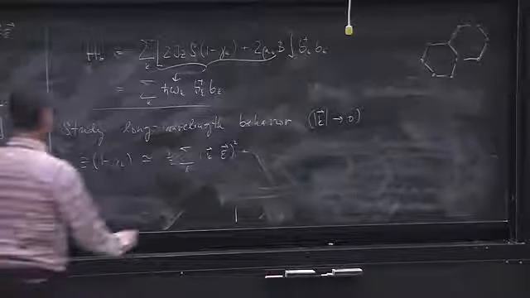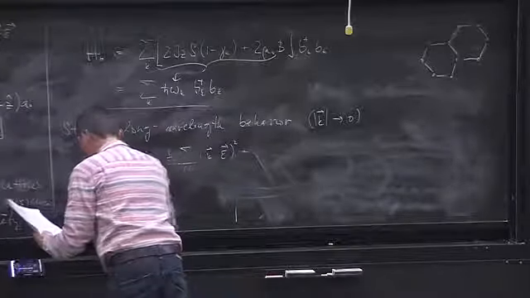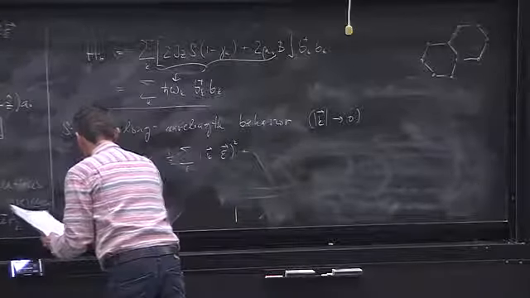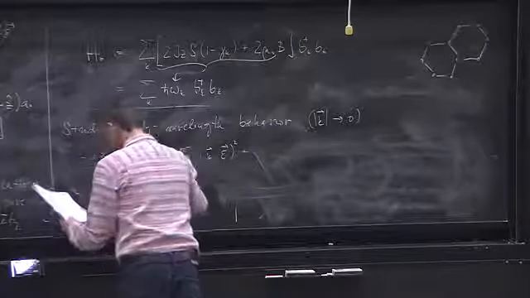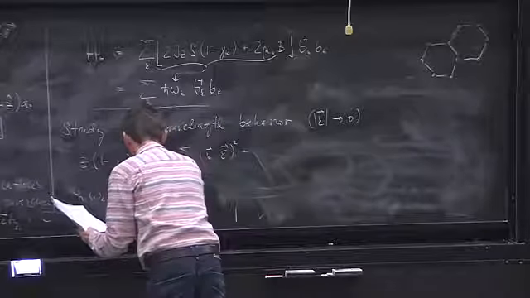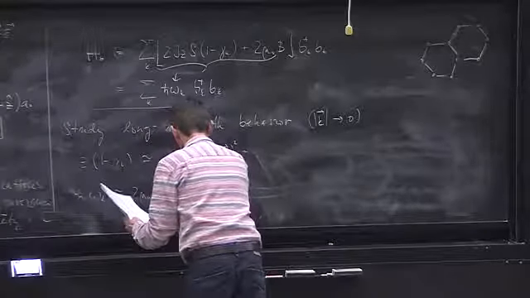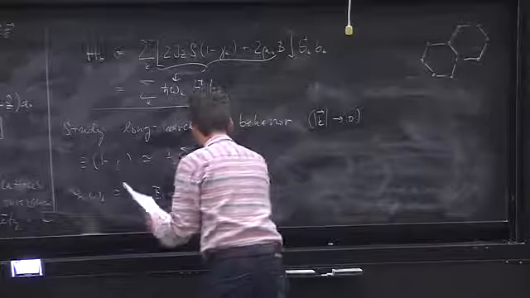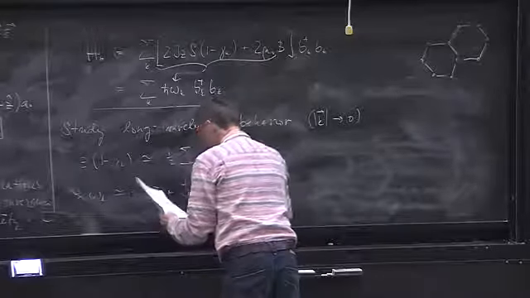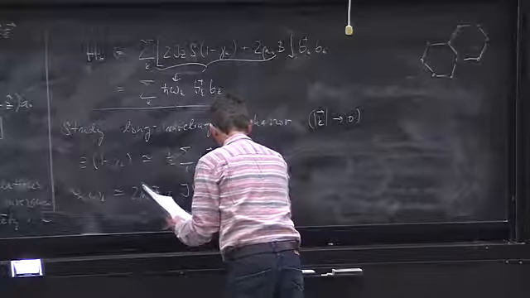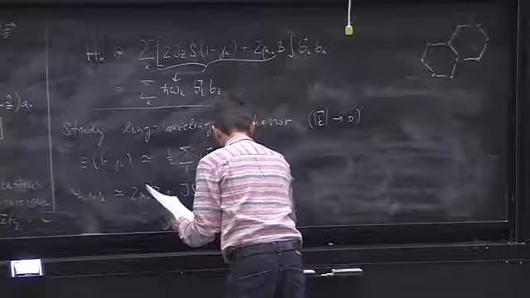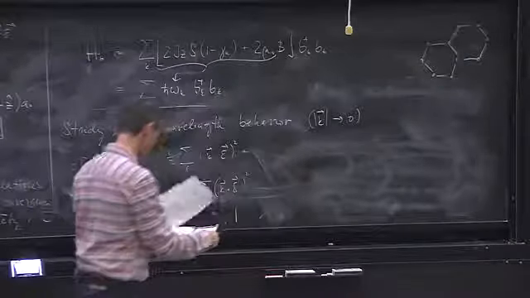And so under these conditions, h bar omega k goes like 2 mu naught B plus Js sum over delta of (k dot delta) squared.